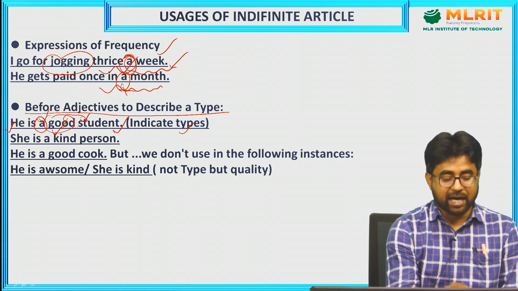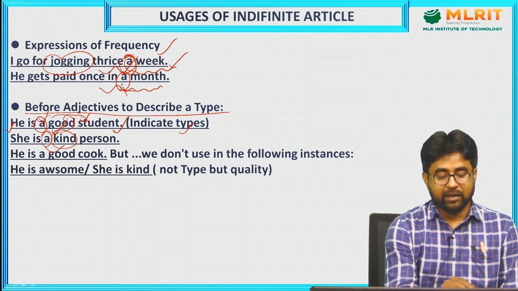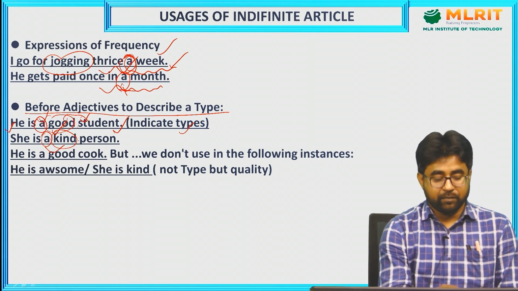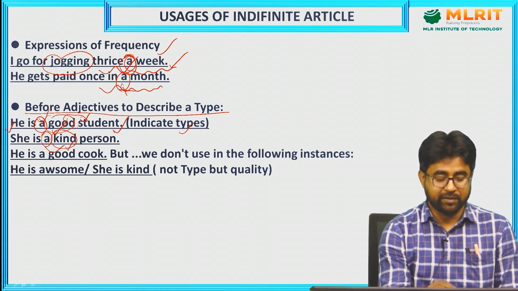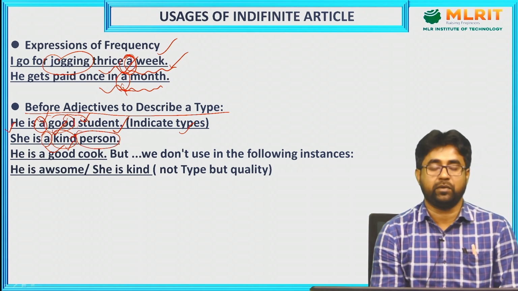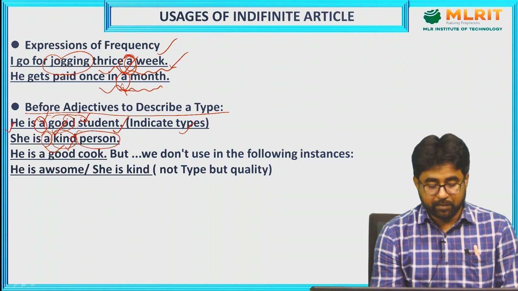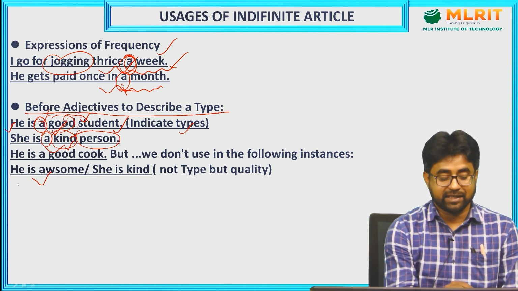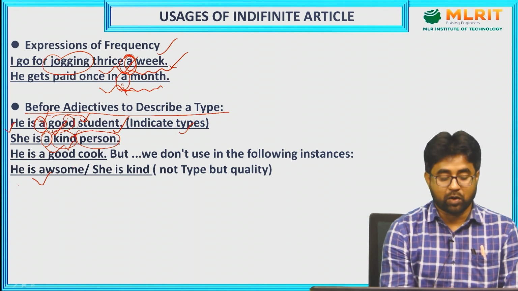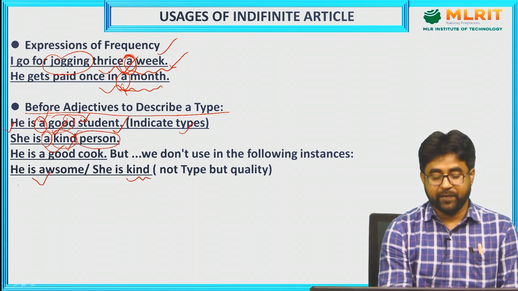She is a kind person. Again, kind person, I am using an indefinite article before the descriptive adjective. Kind is nothing but a descriptive adjective which is modifying this particular noun. But we need to remember certain things here. We should not be using any articles in sentences like these: He is awesome. She is kind. Why?